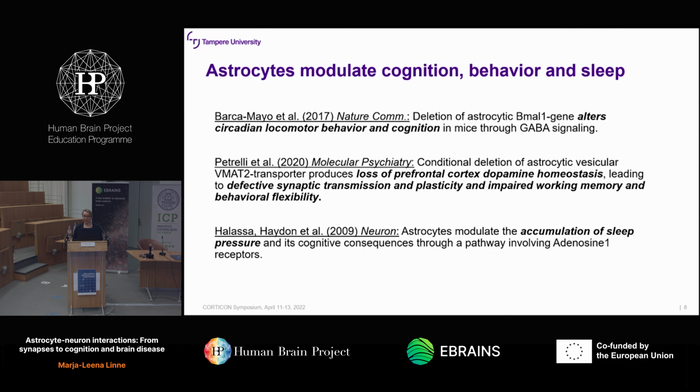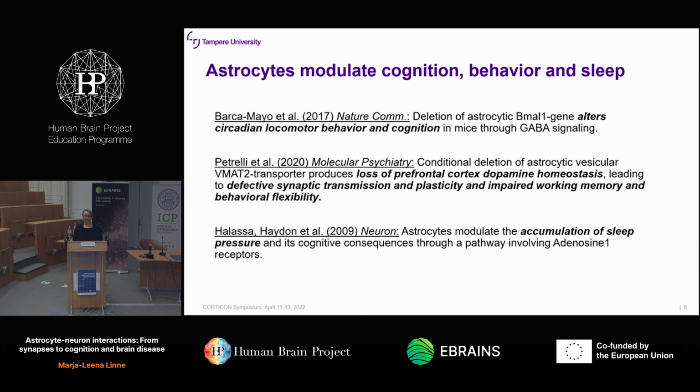And in 2020, there was a new study that conditional deletion of astrocytic transporters produced loss of prefrontal cortex dopamine homeostasis, first of all, and then defective synaptic transmission and plasticity, and further impaired working memory and behavioral flexibility.